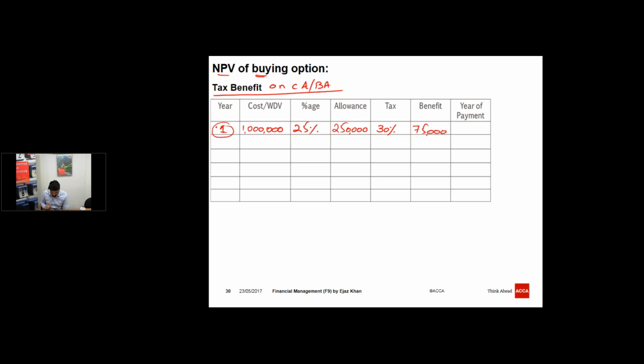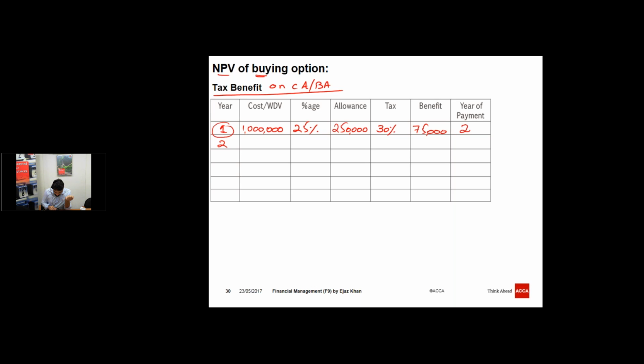But since the tax will be paid in 1 year arrears, this tax benefit will be shown in year two. In the previous example, the tax was paid in the same year, therefore it was year one. Now in this case, since the tax will be paid in arrears, it will belong to year one but will be shown in year two because of arrears.